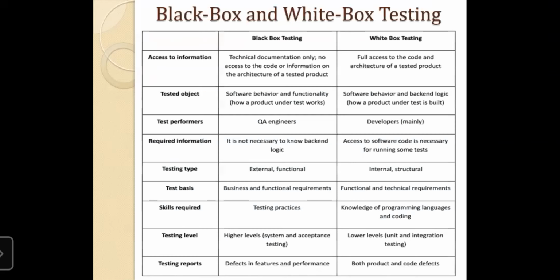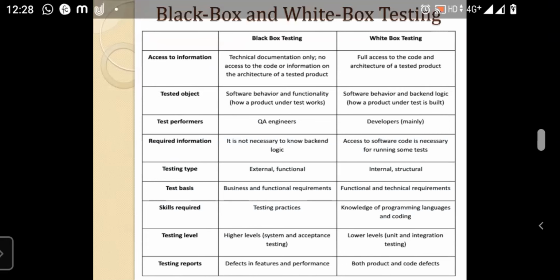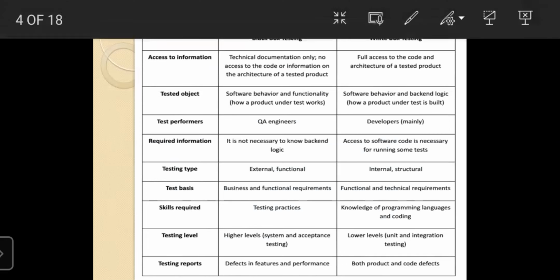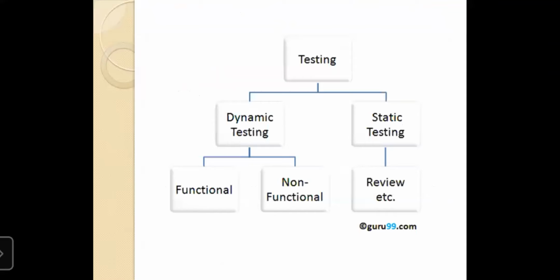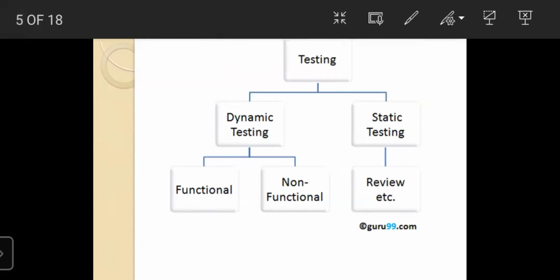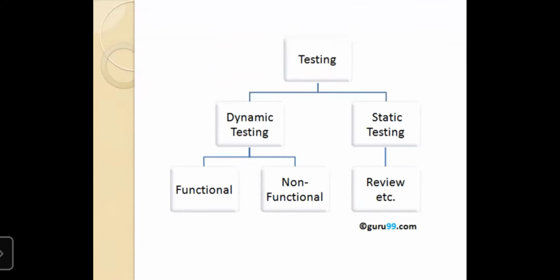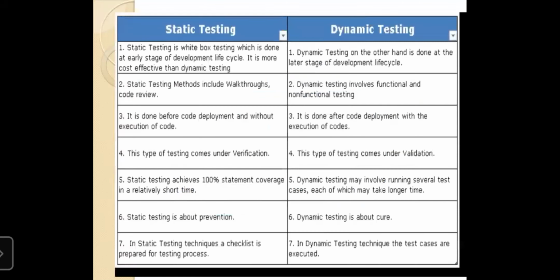Then we have seen in detail the difference between black box and white box testing. Then testing and its types, that is dynamic testing and static testing. Under dynamic testing, we have seen functional and non-functional, and in case of static, we have seen the reviews. Then again, we have seen the difference between static testing and dynamic testing in detail.